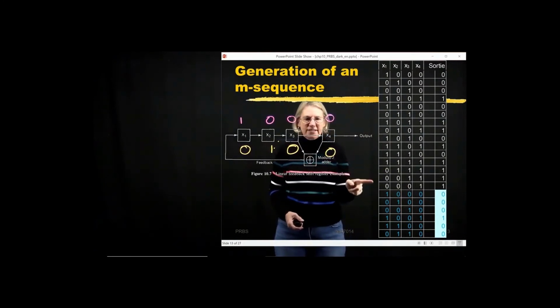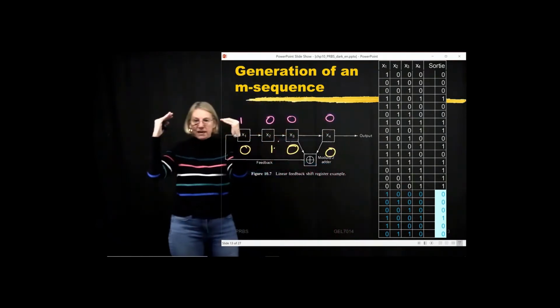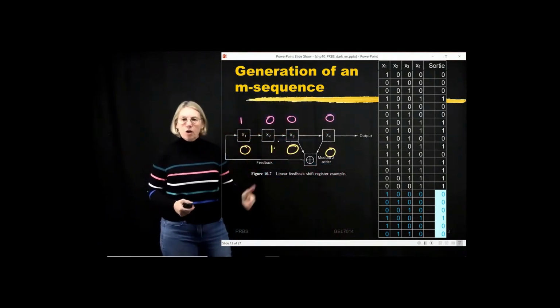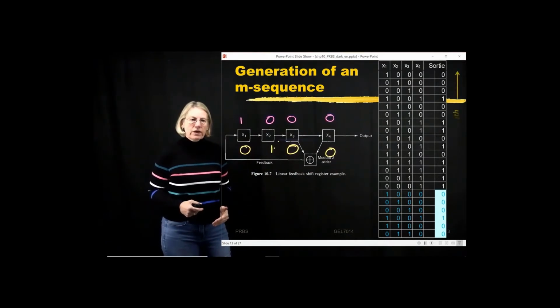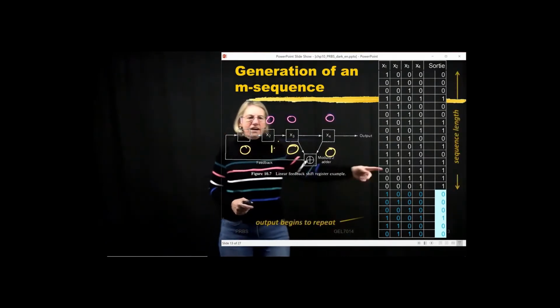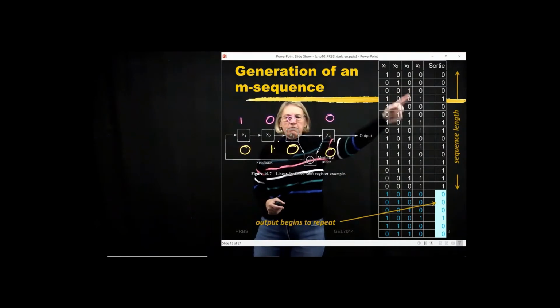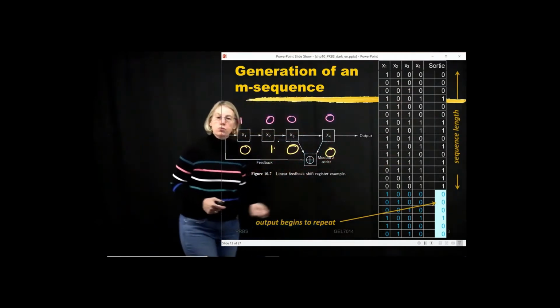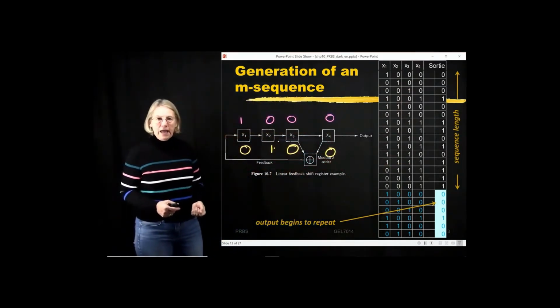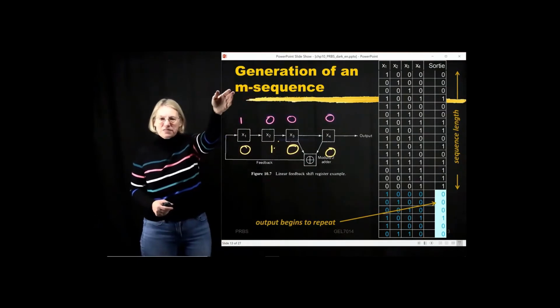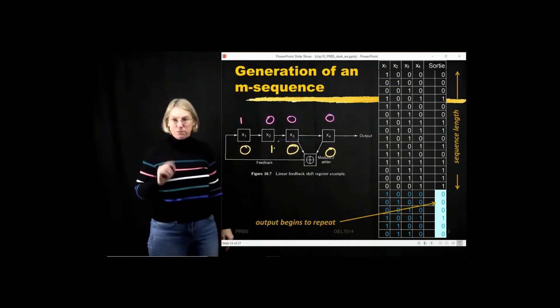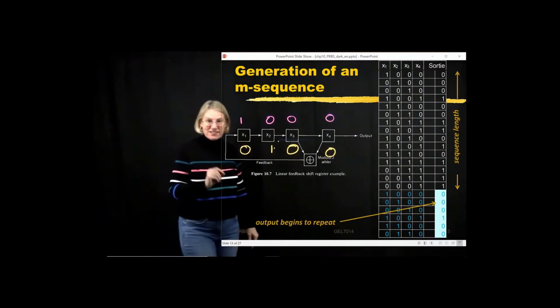Once I get to where I started, the output starts repeating, because I start from the same state and go through all of them. We call this the length of the sequence before the sequence starts to repeat itself. And we call this an M sequence. The M stands for maximal length sequence.